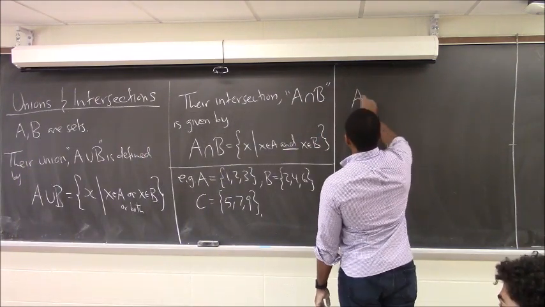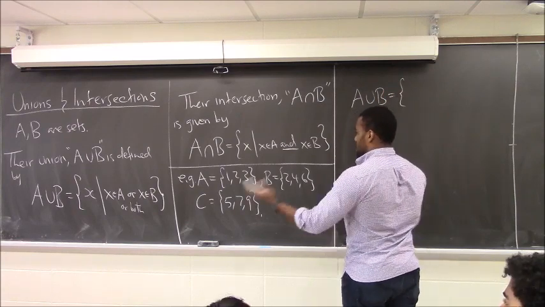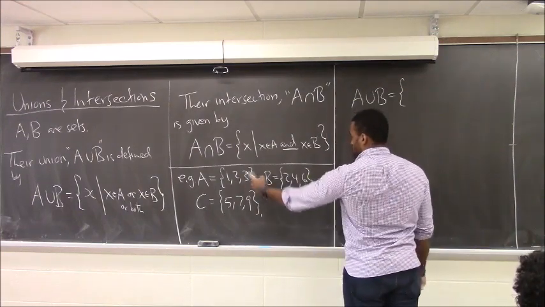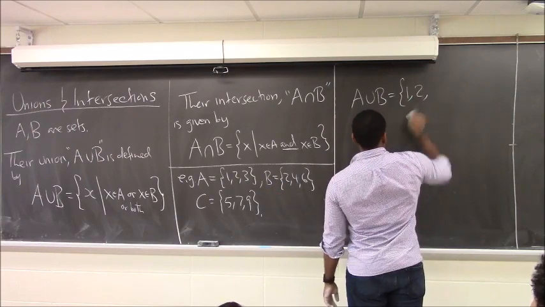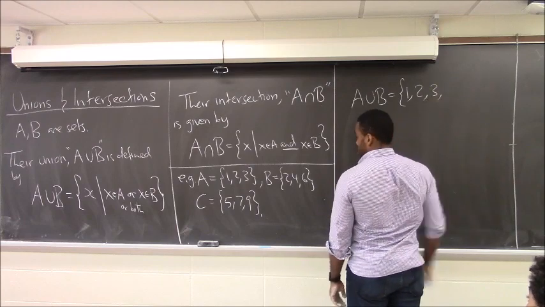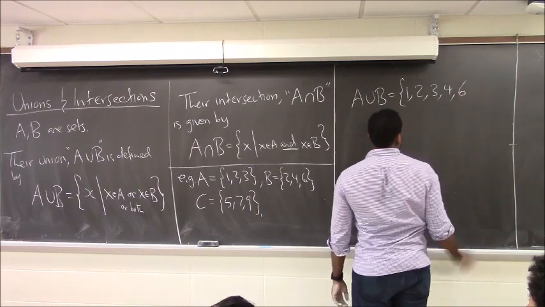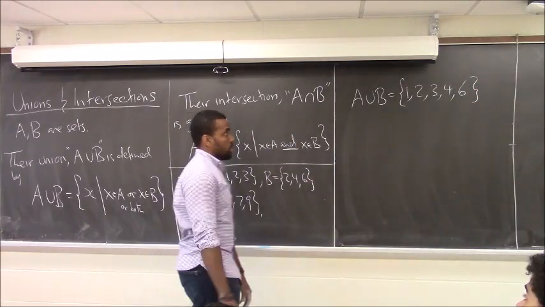Then, if I say A union B, basically I'm going to collect everything that's in A, B, or both. So 1 is in A, so that's definitely here. 2 is actually in both, you write it down once. 3 is in A, so that's there. 4 is in B, so that's there. 6 is in B, so that's there.